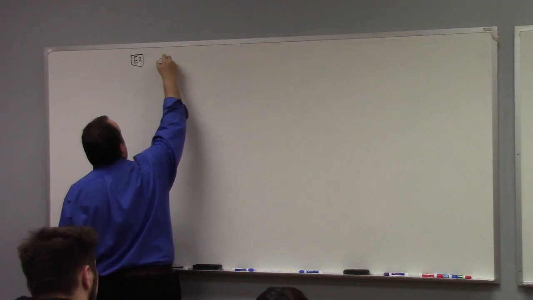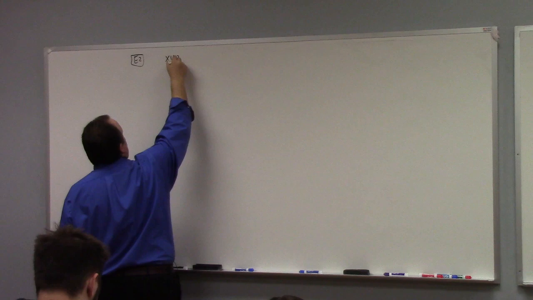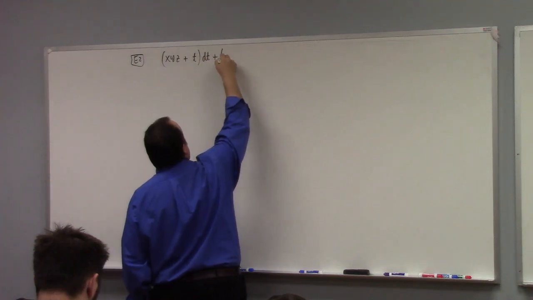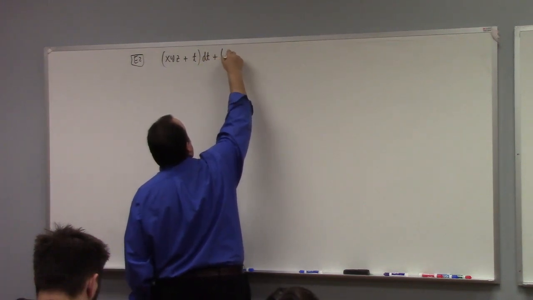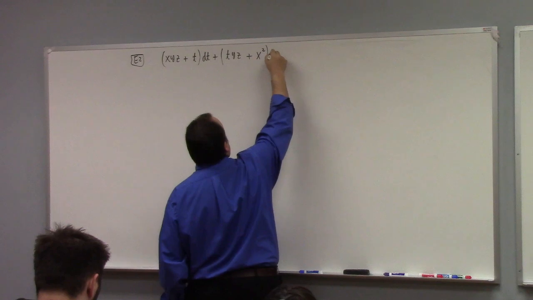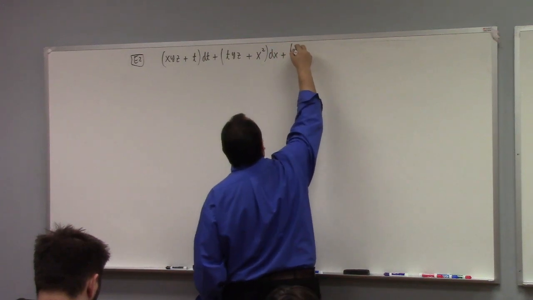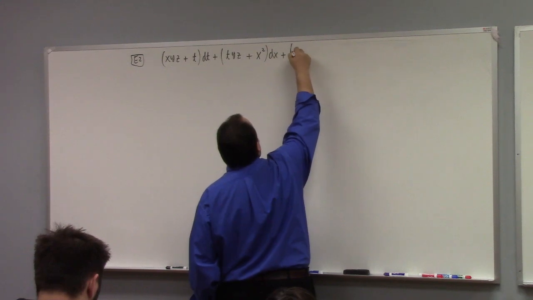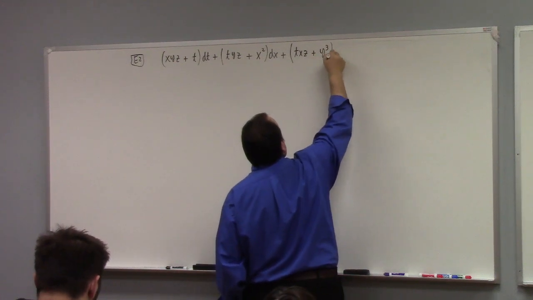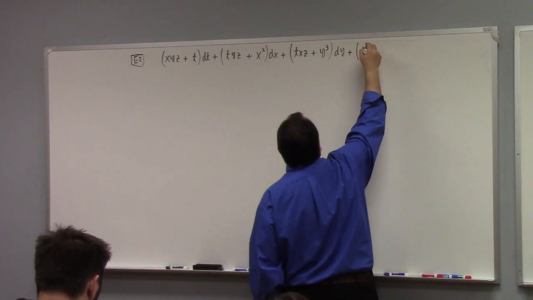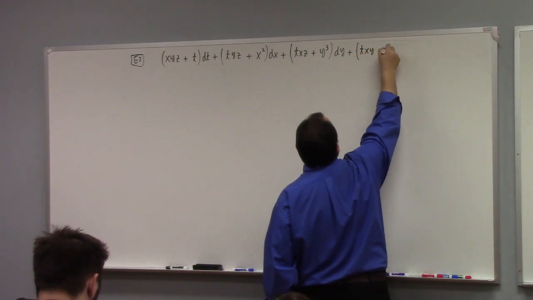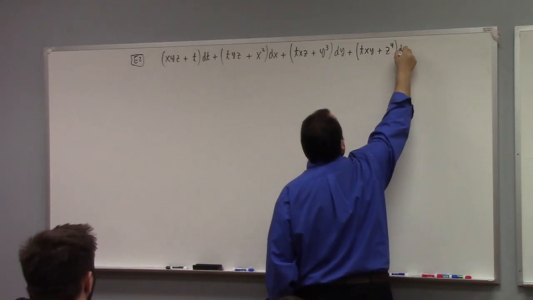So let's see here. xyz plus t dt plus tyz plus x squared dx plus txz plus y cubed dy plus txy plus z to the power 4 dz, all right? And suppose that's all equal to 0.